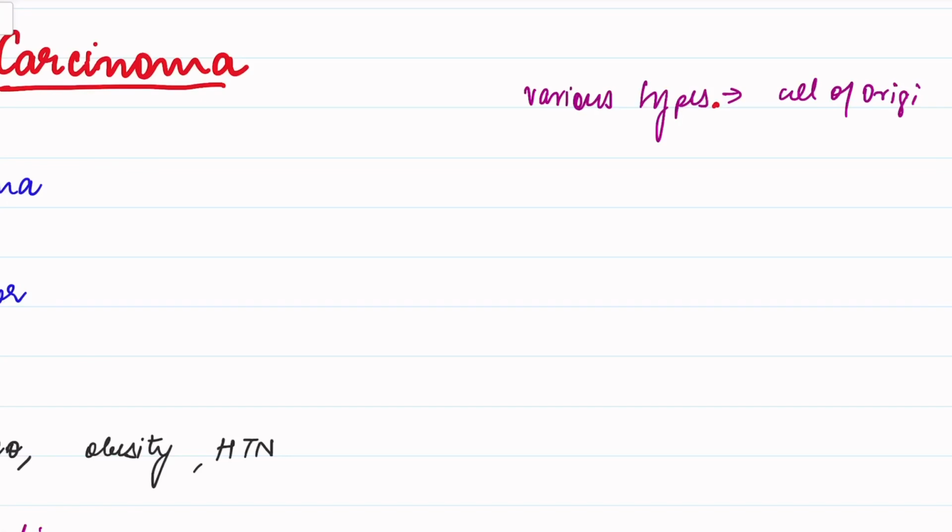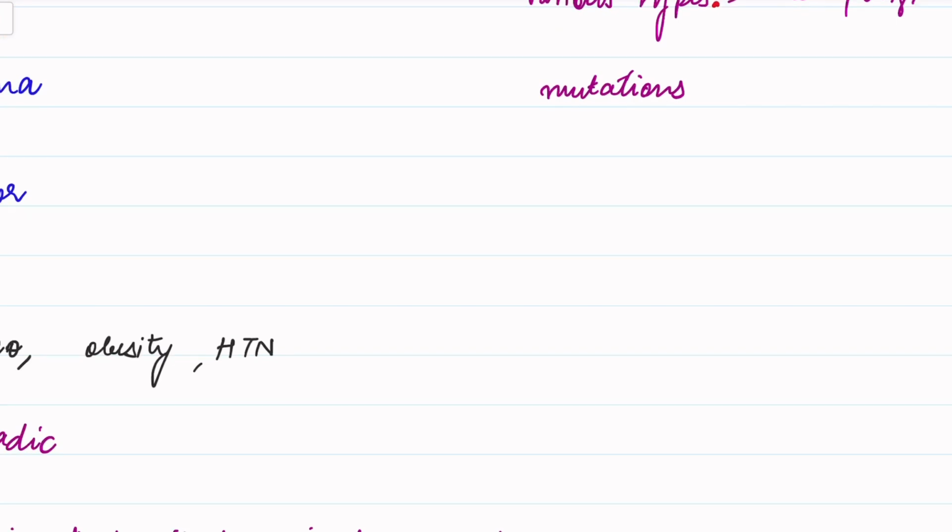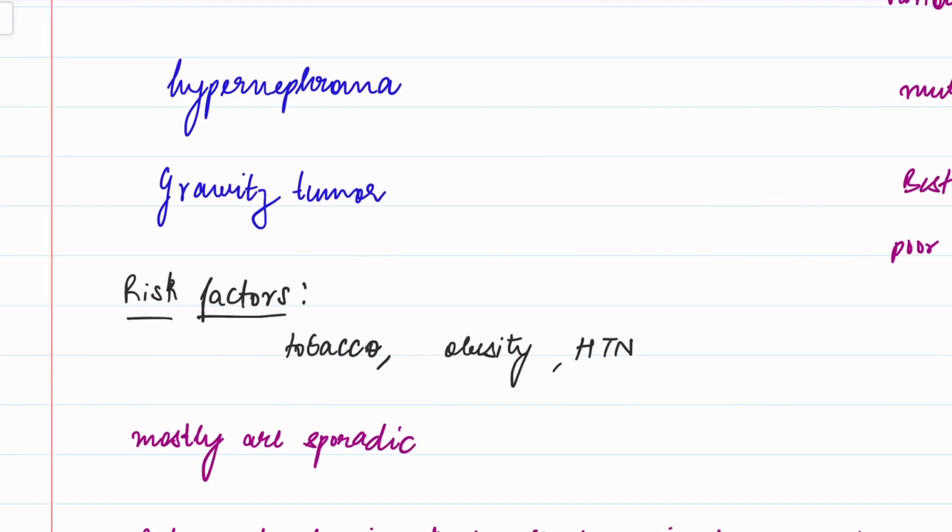Then you should know the mutations that are associated with each type of carcinoma, and you should also know which type has a good prognosis, which type has a poor prognosis, and their associations with other syndromes. Okay, so let us begin our discussion.